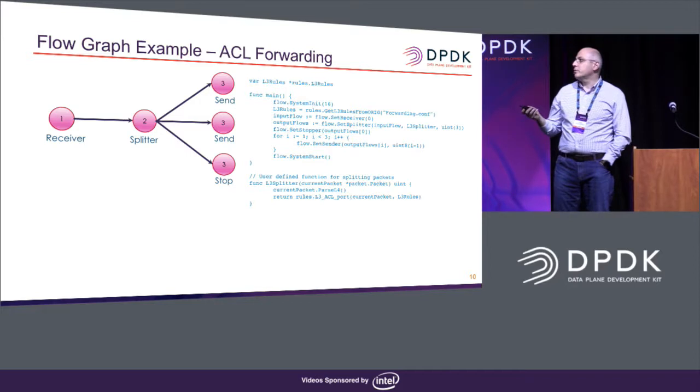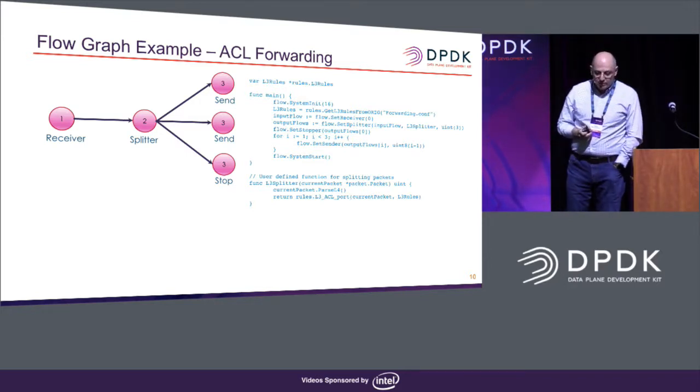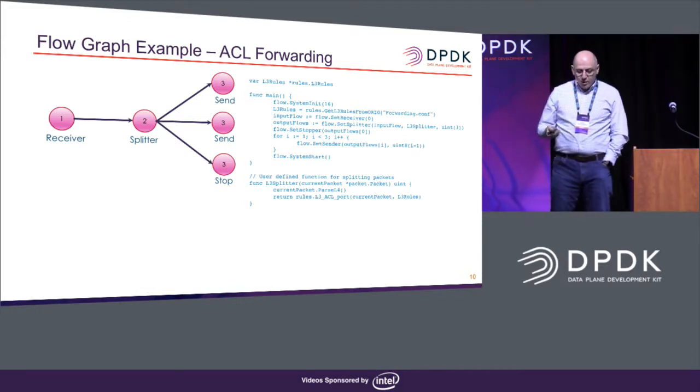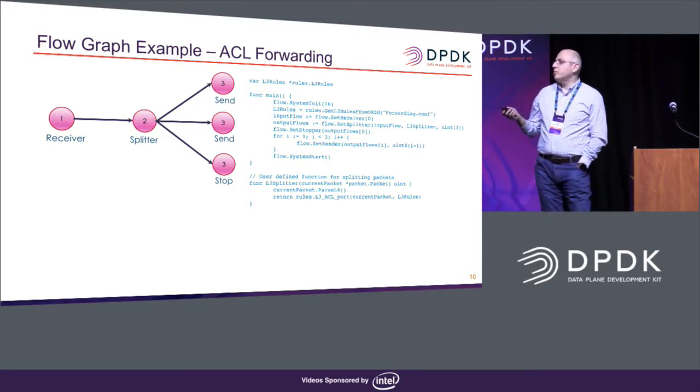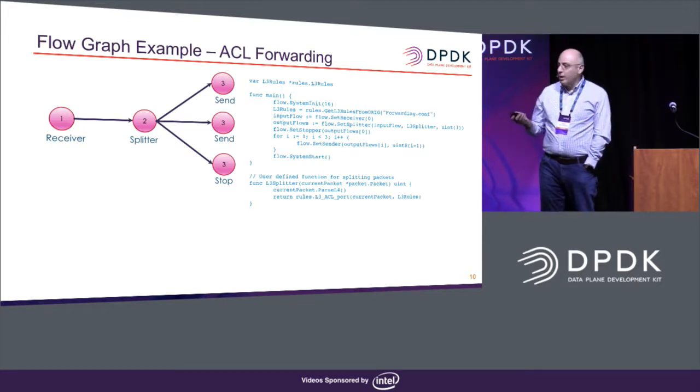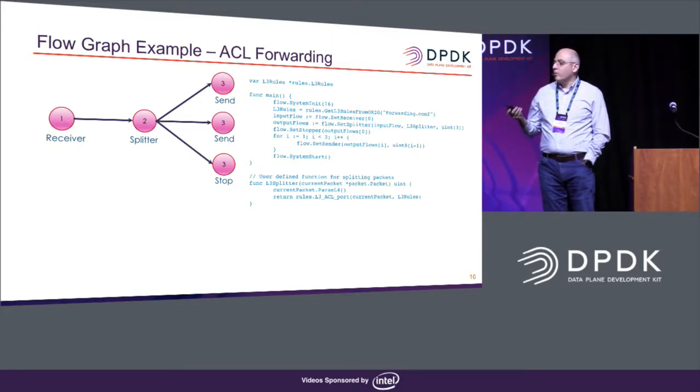Then L3 rules get rules from the 5-tuple, so it just parses the 5-tuple ACL file and stores them in the L3 rules. Then here we say that the input flow is physically attached to port number 0 in DPDK. And output flows is an array of outgoing flows which will be defined by the function which we called splitter, and is defined lower.